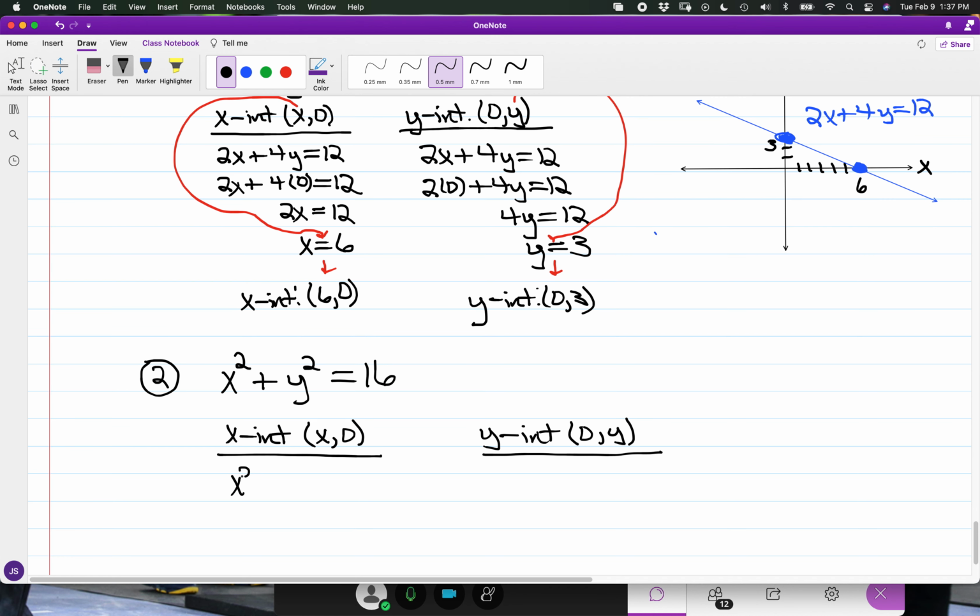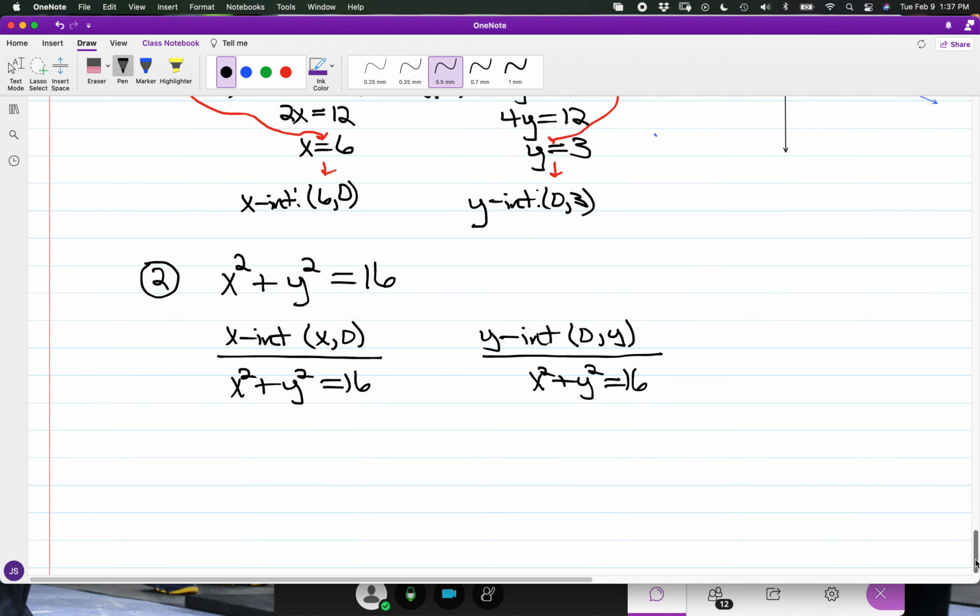Again, in both scenarios, I'm starting out with the same equation. Now for the x-intercepts, you're setting y to 0 and solving for x, whereas with the y-intercepts, I'm setting x to 0 and solving for y.